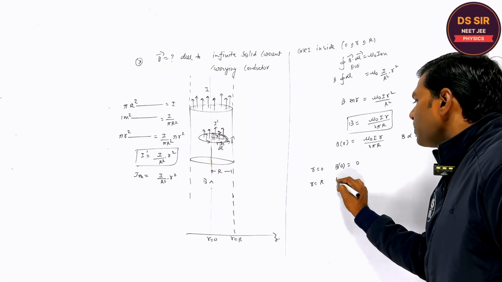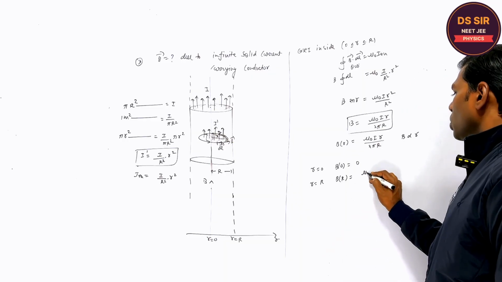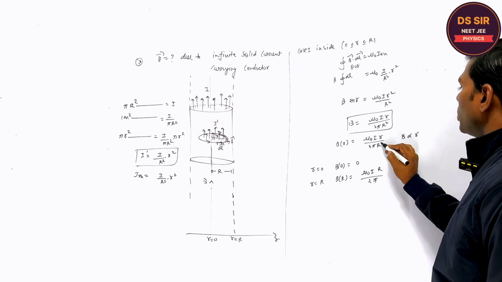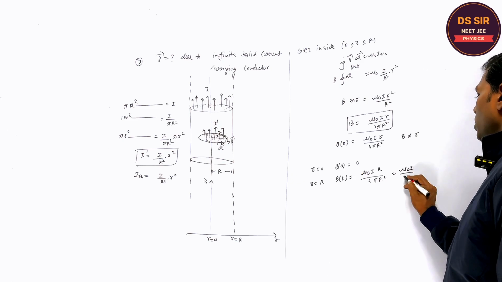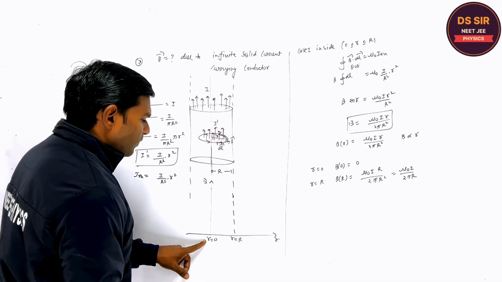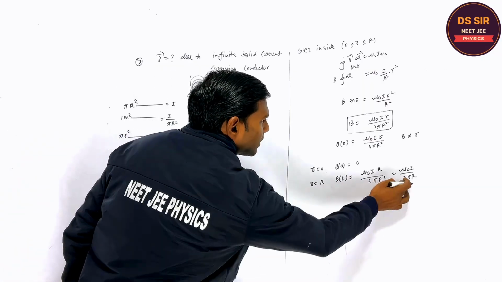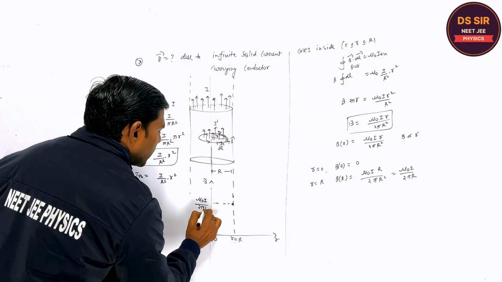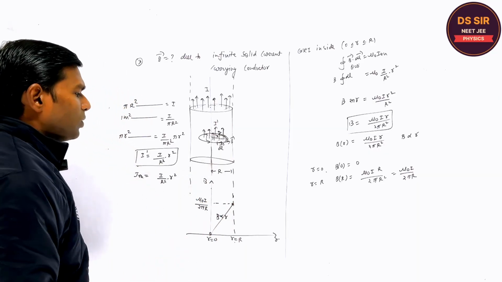And at r equal to capital R on the surface, put capital R in place of small r, one R square cancels, so the answer is mu naught I upon 2 pi R. If you want to draw the graph, at r equal to 0 the magnetic field is 0. At r equal to capital R, the magnetic field is mu naught I upon 2 pi R. And it varies linearly. B is directly proportional to r, right?